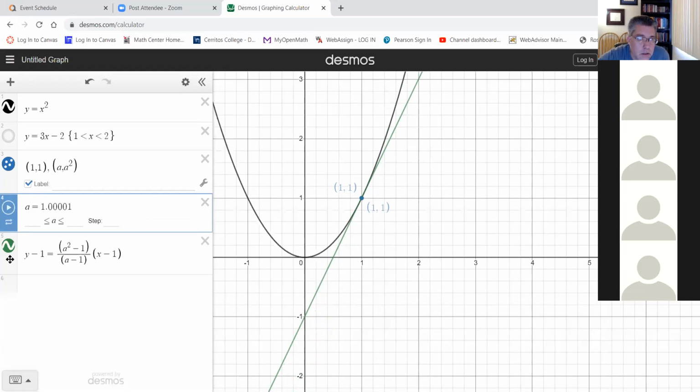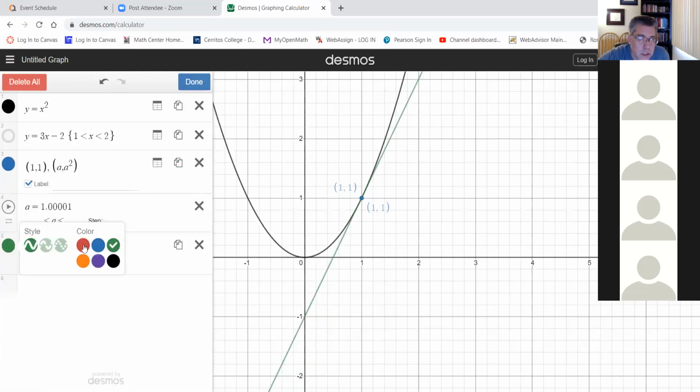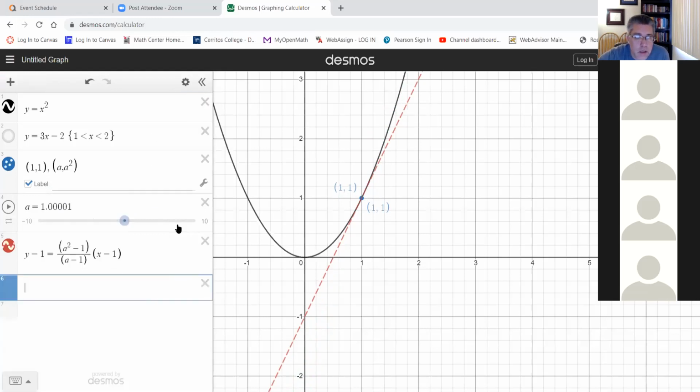Maybe I'll make the tangent line a different color so that it's really easy to see. So that tangent line, boom, right? That's the tangent line to that curve. And then again, we can see that as the point gets closer and closer to 1, at 1, there is no line because it's undefined.